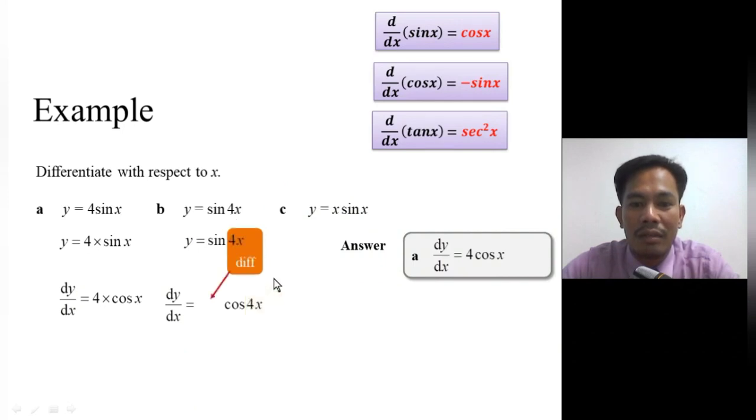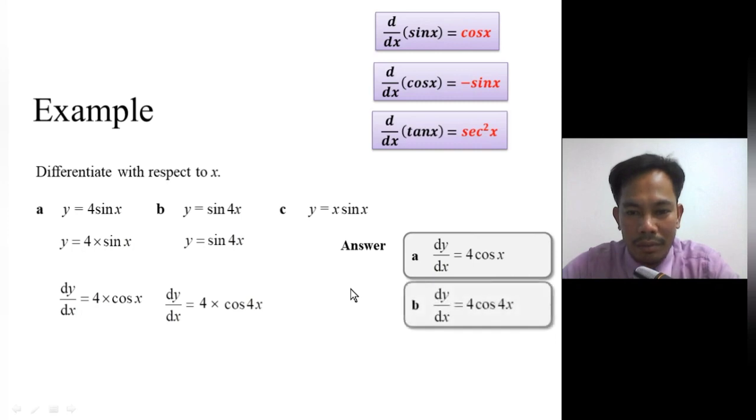That numerical coefficient will be moved. Or if you want, you can differentiate that one, so that is 4. Then bring back whatever is the value of the angle, which is 4x. So the derivative of y in terms of x, if y is equal to sine 4x, is 4 times cosine 4x.